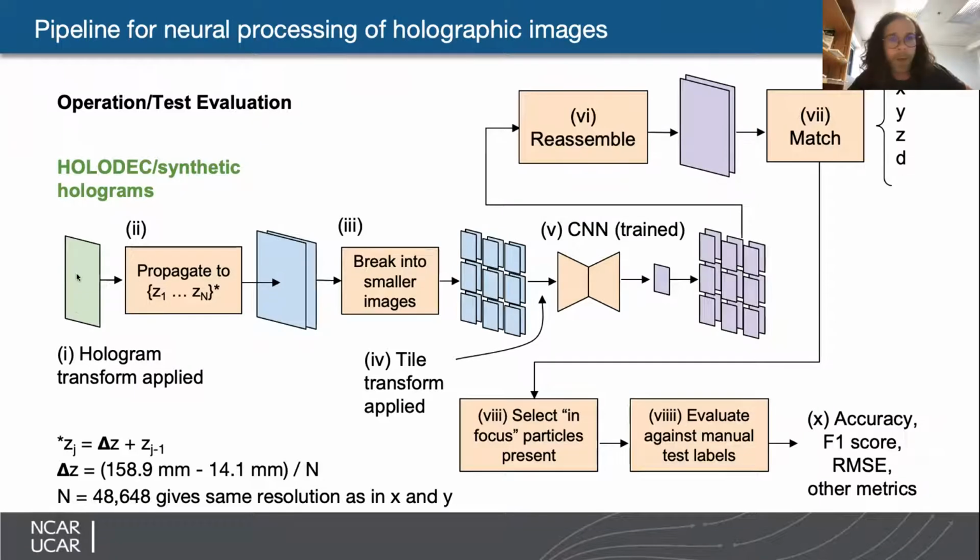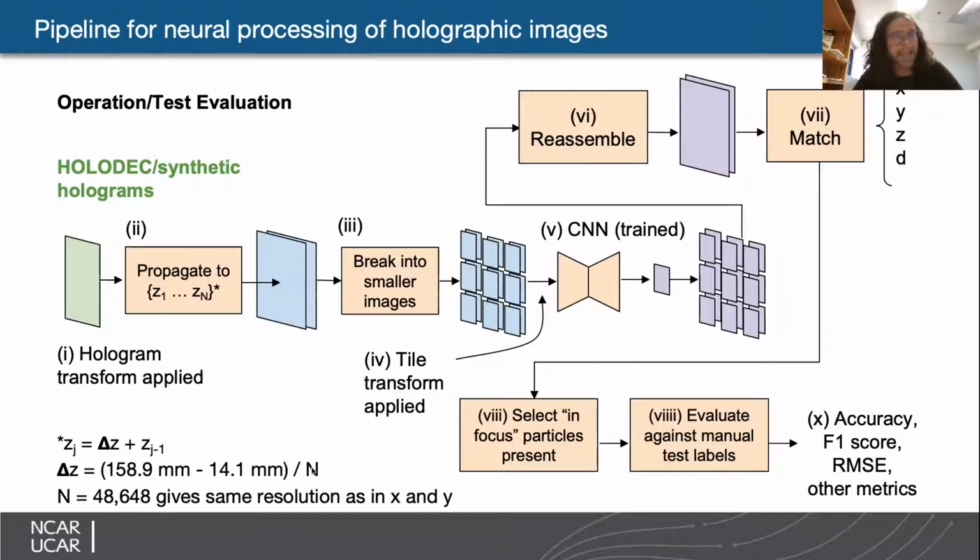You start with the initial hologram. You propagate that out to n different values of Z away from the detector probe. That choice of n is yours. The way that we select that n is we say, I'm going to search for particles between 160 millimeters and 14 millimeters, and I want to do that in even spacing.